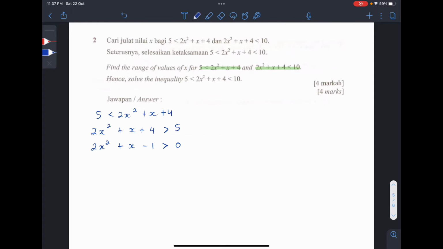You will get two different values from your calculator, which are x equals negative 1, or it can also be x equals 1 over 2. At this point, I left a little space at the top because I wanted you guys to put your brackets, which you should do. It will be 2x minus 1 and x plus 1.